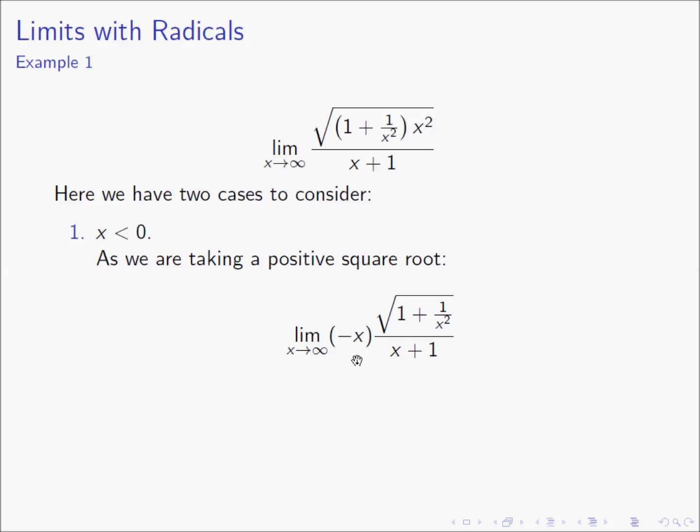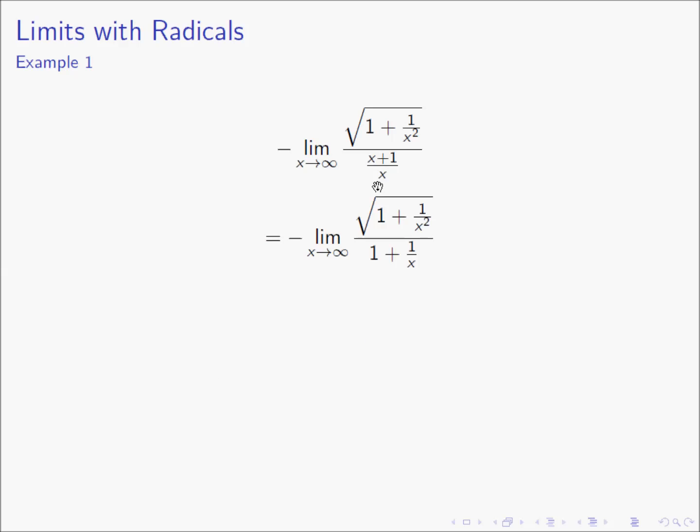So what we did here is to take the square root of x squared and take it out here. And we can write this also as minus. We can take the minus sign out of the limit sign and take the x here below in the denominator. And now we can write this denominator as this.